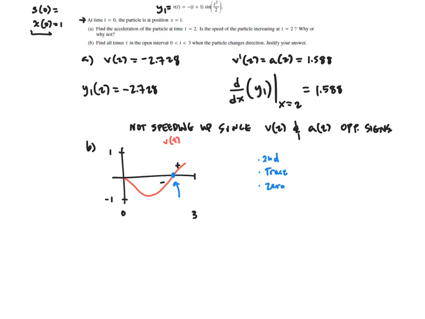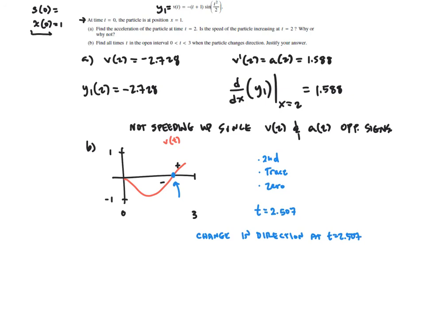And what I end up getting is the point t equals 2.507. So I know that the particle changes direction at t equals 2.507. So we have a change in direction at t equals 2.507.